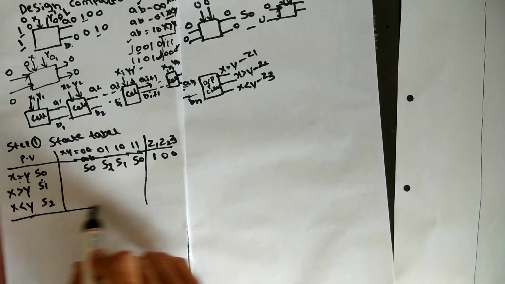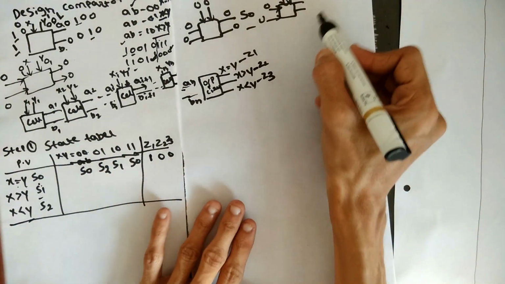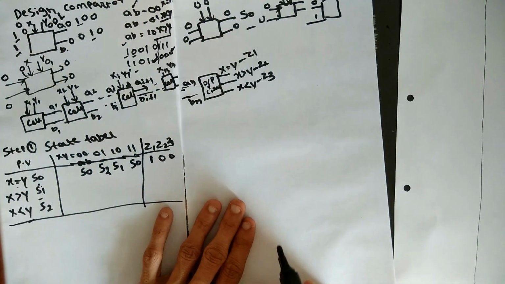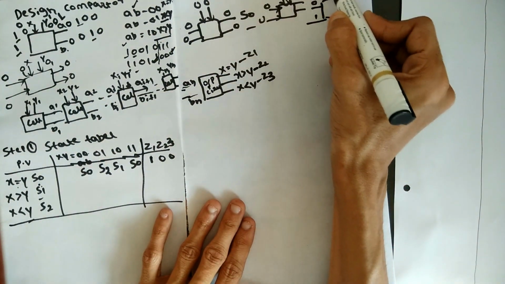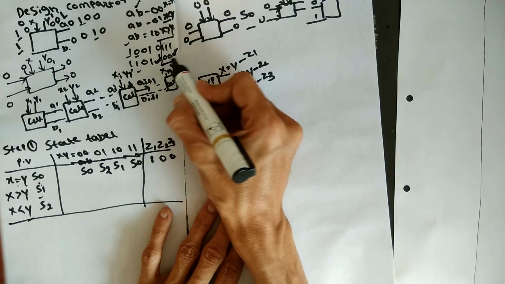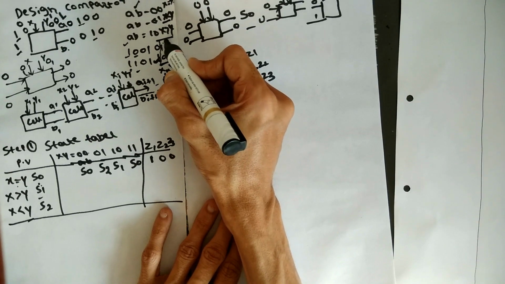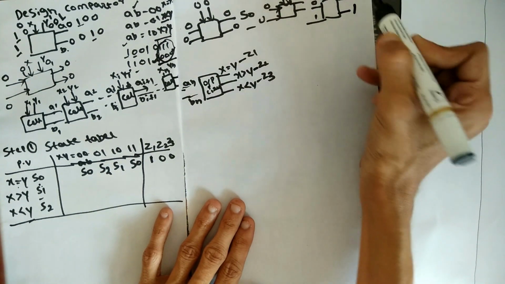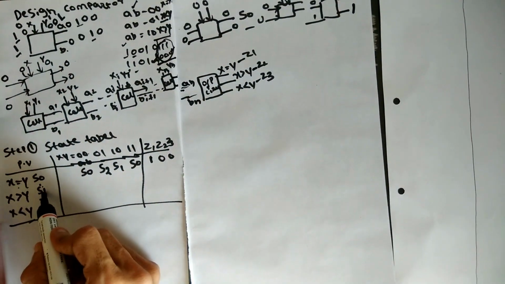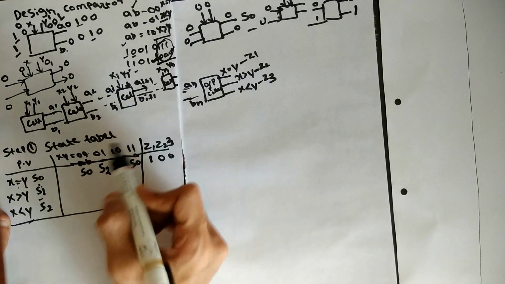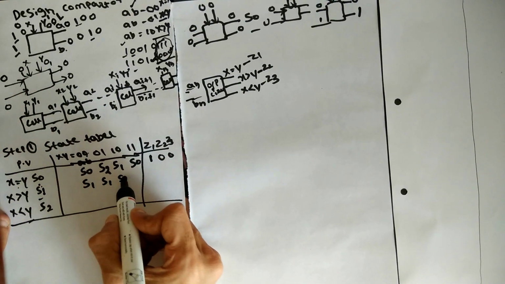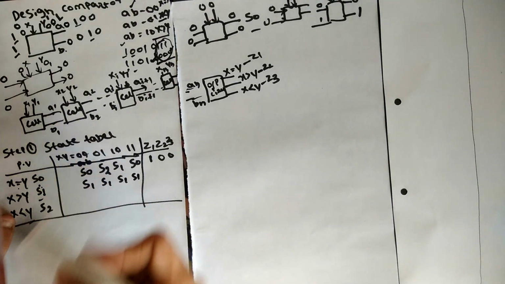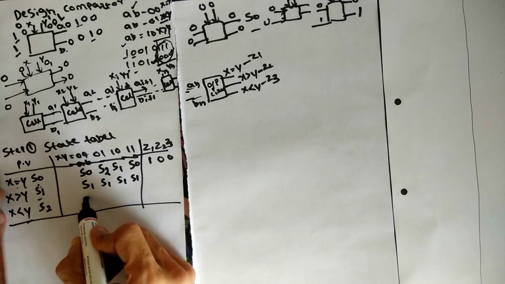In a similar way we take the next state S1. As I already told, if the previous state is x greater than y, then whatever x and y value you give, either 0 1, 1 0 or 1 1, the first bit is what changes, and we do not check the other bit. So whatever input you give, your output remains 0 1 only; it never changes. For this reason, whatever you give to S1, either 0 0, 0 1, 1 0 or 1 1, it doesn't change and remains in the same state S1 only. In a similar way for S2, the MSB bit is high, so this remains the same.